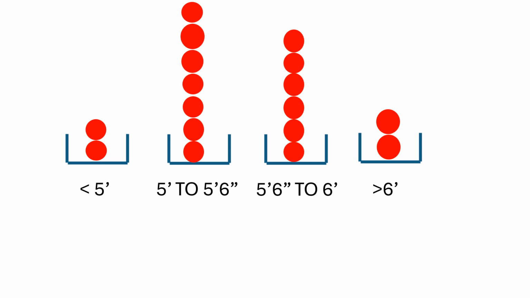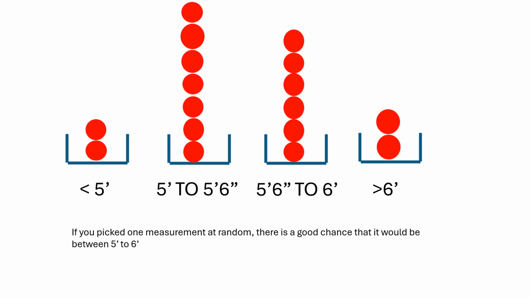All the people, their heights are measured and they are placed into these bins. The thing which can be observed is that if any person who does not know about these bins is made to randomly choose a person, then there is a good chance that it would be between 5 feet to 6 feet, since the majority of the observations are in between two bins.